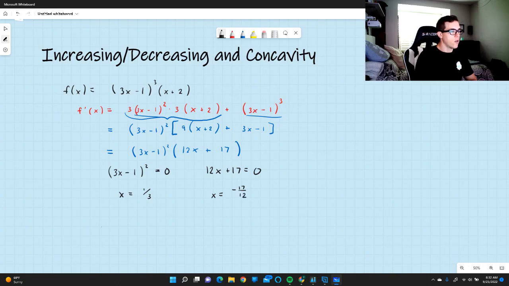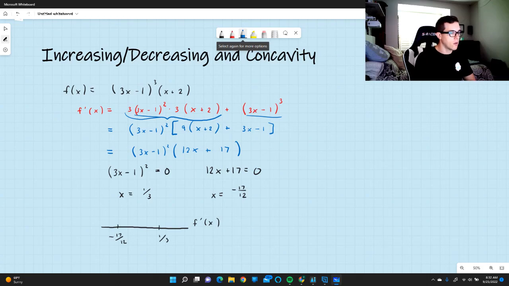So then you make your number line from negative 17 over 12, 1/3, and we label our number line, and then we test points in each interval to determine where the function is increasing and decreasing, and then I'll also determine if these are relative maxes or relative mins. So remember, we plug into the derivative. We don't plug into the original, we plug into the derivative.